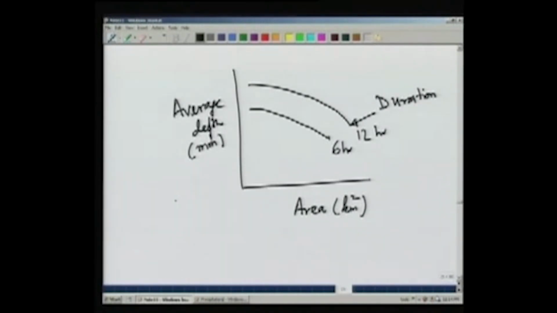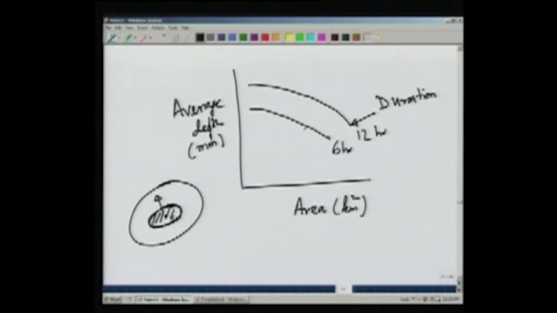Now if you look at a typical storm, at the center of the storm the intensity will be the largest, and therefore the depth will be very high. As you increase the area, that means you are moving away from the storm center, the intensity decreases, and therefore the depth also decreases over the area.